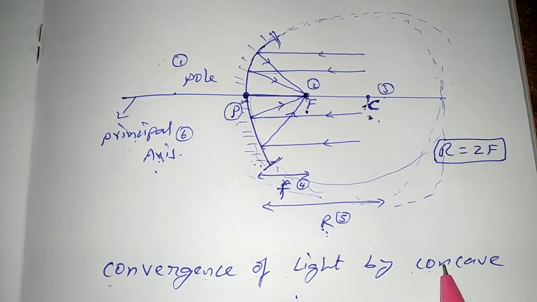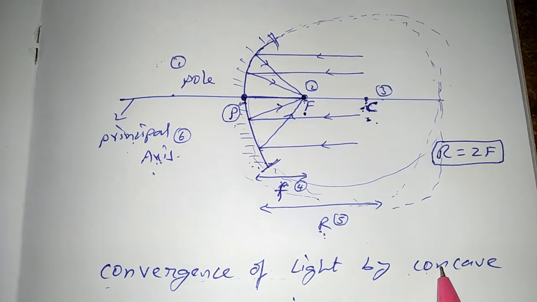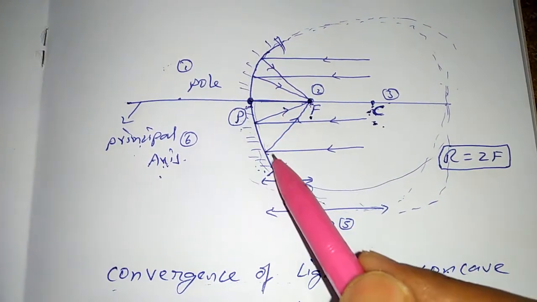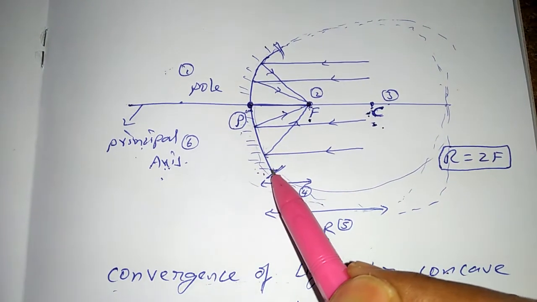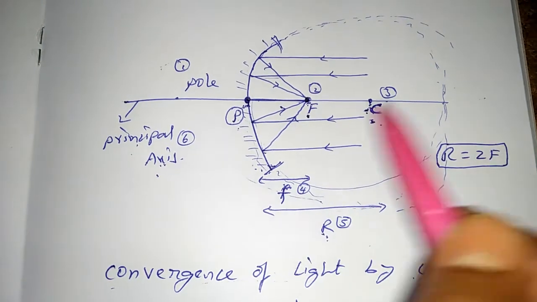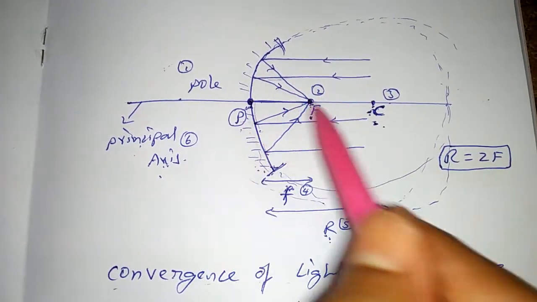In this topic we have to discuss 6 very important definitions. So first let us take a concave mirror. I am considering a concave mirror like this. Now let us assume the light source is far away from our mirror, then we will get a parallel beam of light.